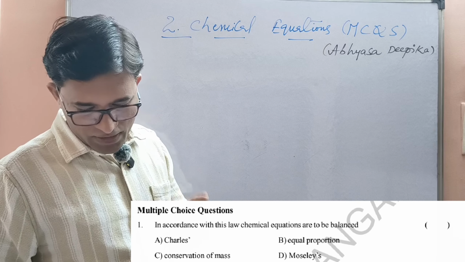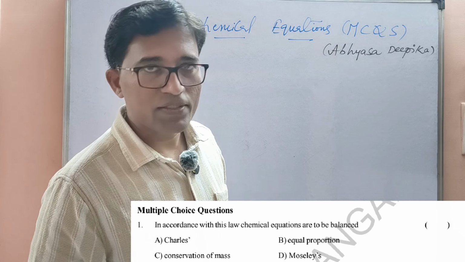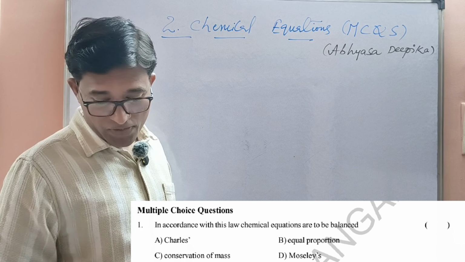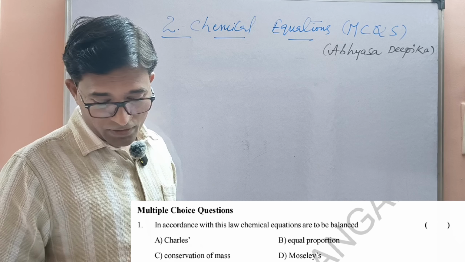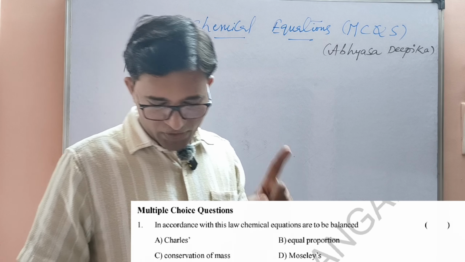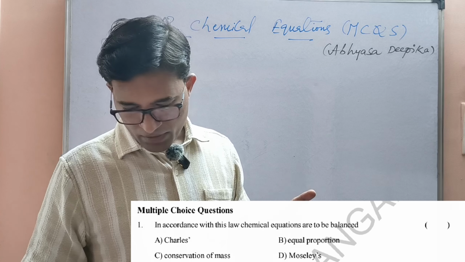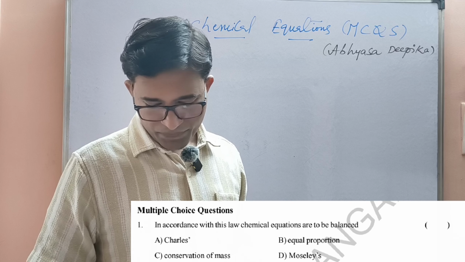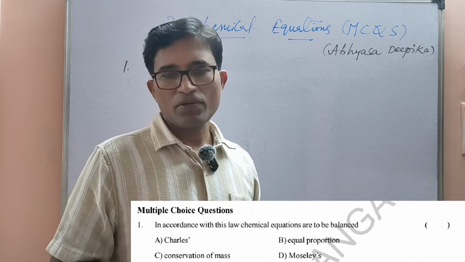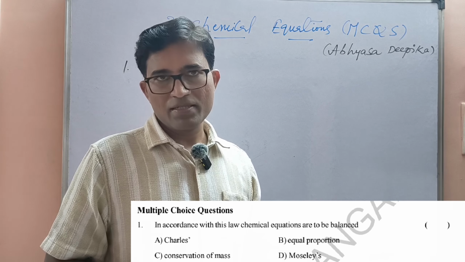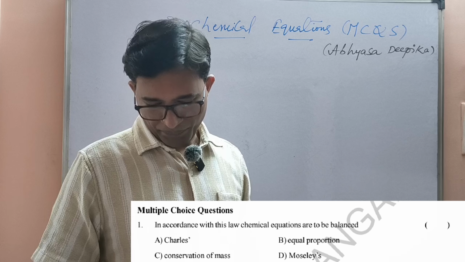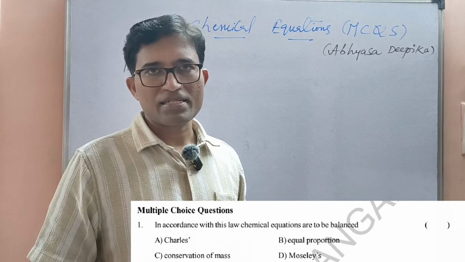The options are: A, Charles; B, equal proportion; C, conservation of mass; and D, Moseley's. Charles has no concern with this, and equal proportions, no way.